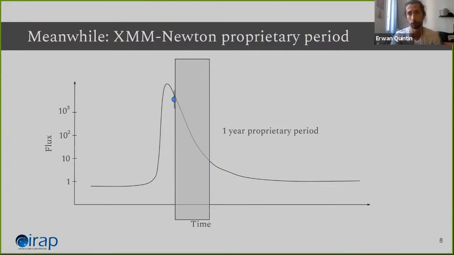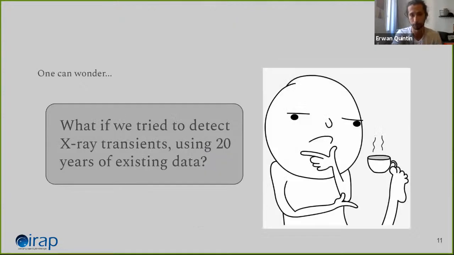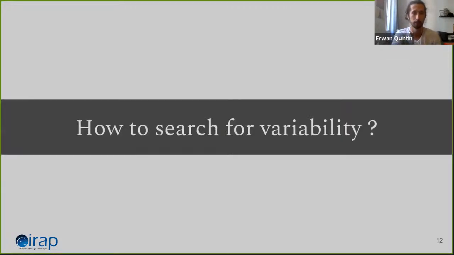And if the PI is focused on the target of the observation and doesn't notice the transient object because it's on the edge of the CCD or whatever, then we have to wait a year for the data to be published, for someone to find it, to ask for a follow-up, and get the follow-up. And finally, when the second observation is done, it's nearly 2 years later, so the transient is generally over. So one can wonder, what if we tried to detect X-ray transients in a more automatic fashion using 20 years of existing data?